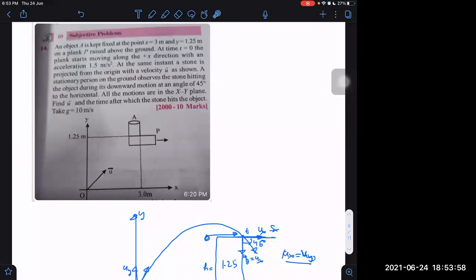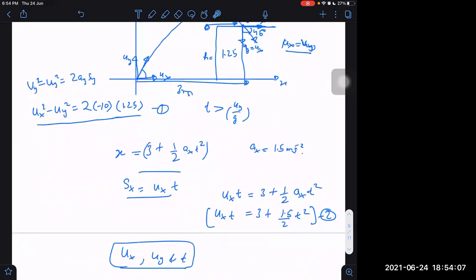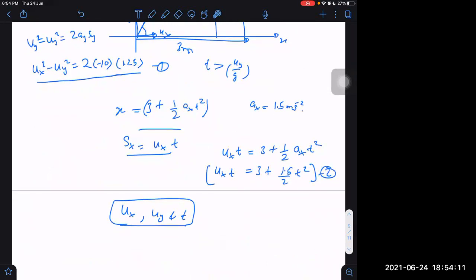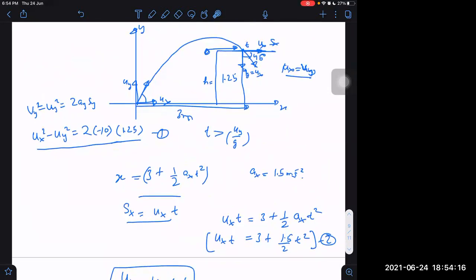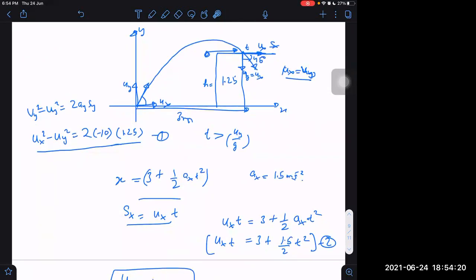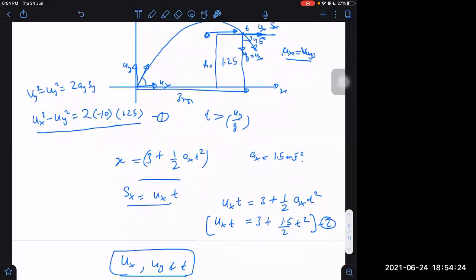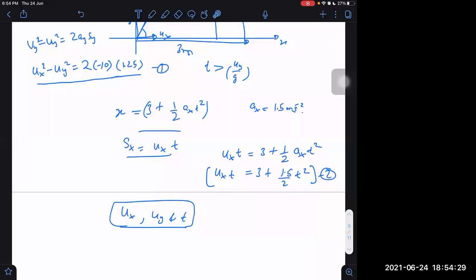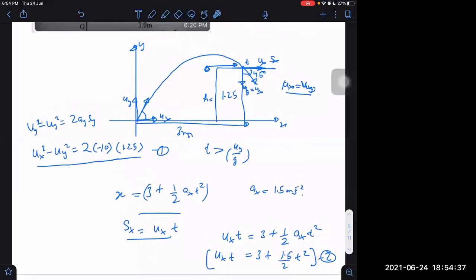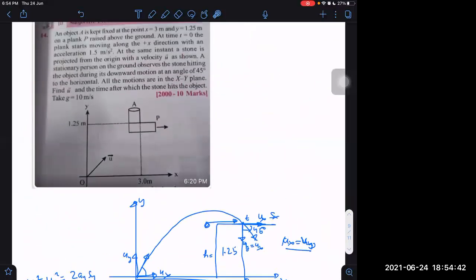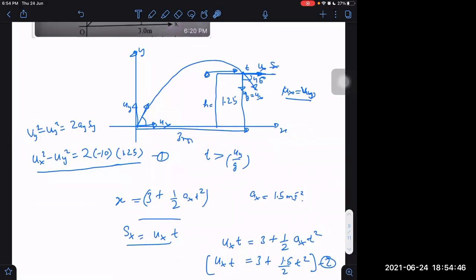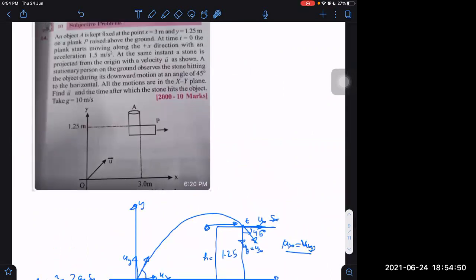So how many equations we are having? Two equations. Let me check once. Sir, you can explain this next week, sir.